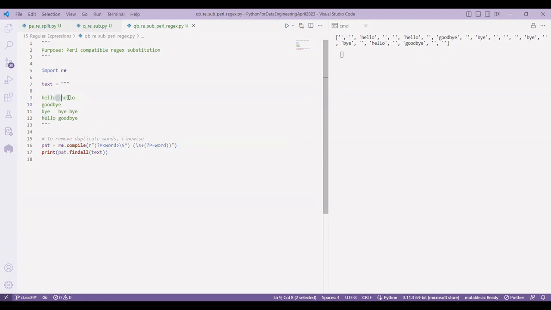Then there is a white space. Then I wrote slash s plus, meaning there can be one or more white spaces, minimum one. Then for that, the pattern word was given. The same pattern can again be repeated instead of you writing it again.